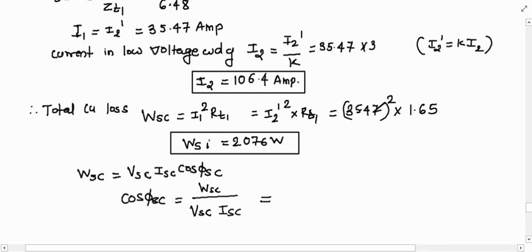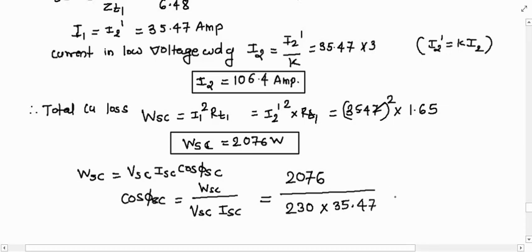What is WSC we got? WSC is nothing but 2076 divided by VSC. 230 volt we have applied across the high voltage winding when my low voltage winding is short circuited, into ISC. ISC is nothing but 35.47.